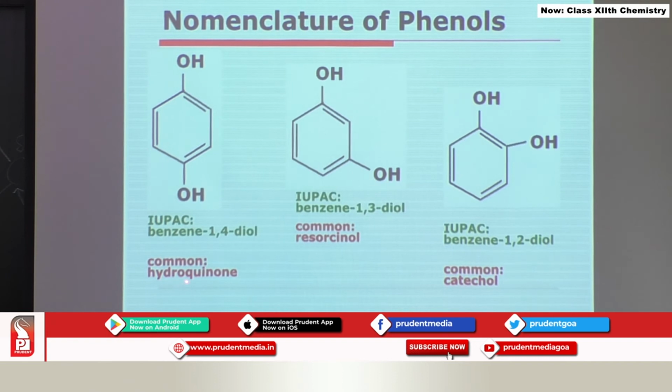The common name of this compound is hydroquinone. In this compound the OH groups are present at 1,3 position from each other. So, this is benzene 1,3-diol, commonly called resorcinol, and this is 1,2-diol, ortho position. So, this is called benzene 1,2-diol, commonly called catechol.